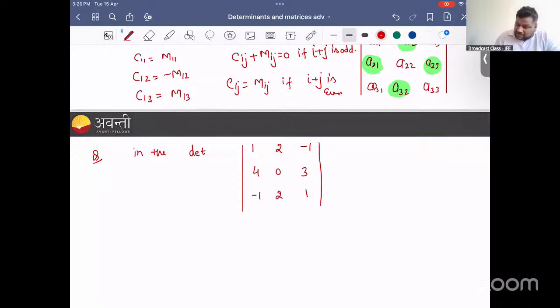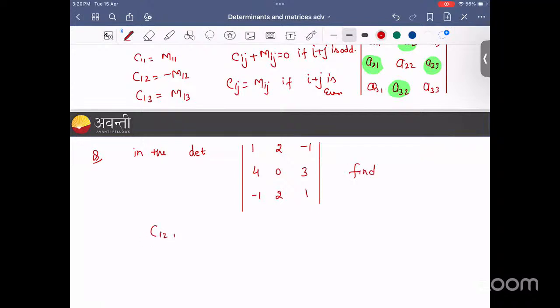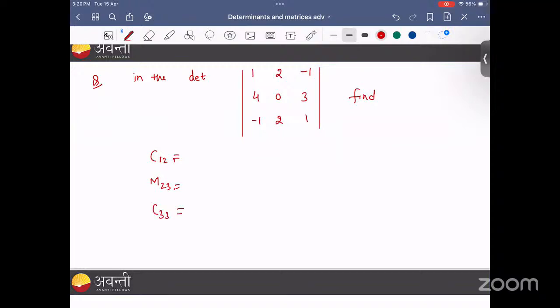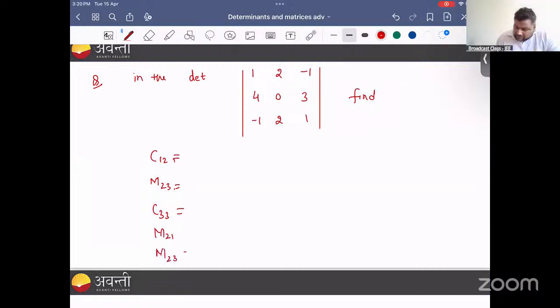Thank you, Abhishek. And find C12, M23, C33, M21, M23. M23 is already calculated. In that case, let's find C11. Yes, please quickly tell me the values.